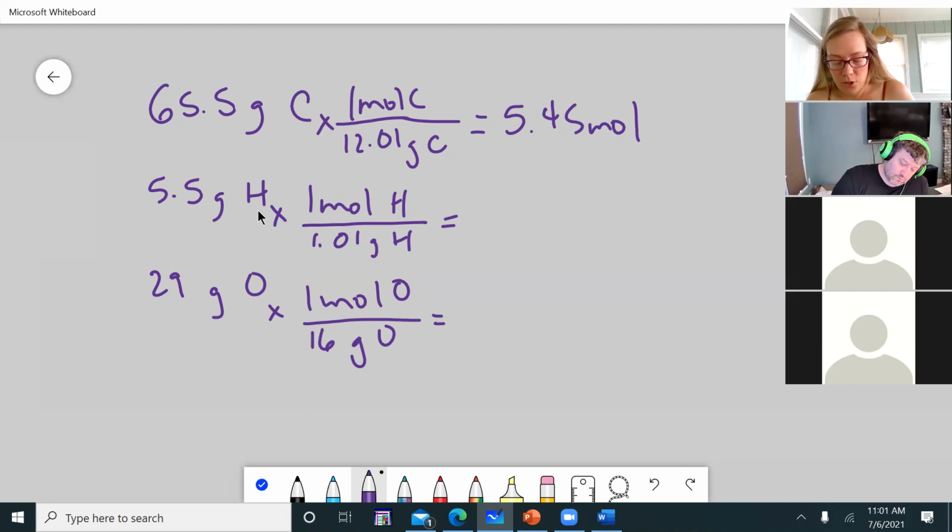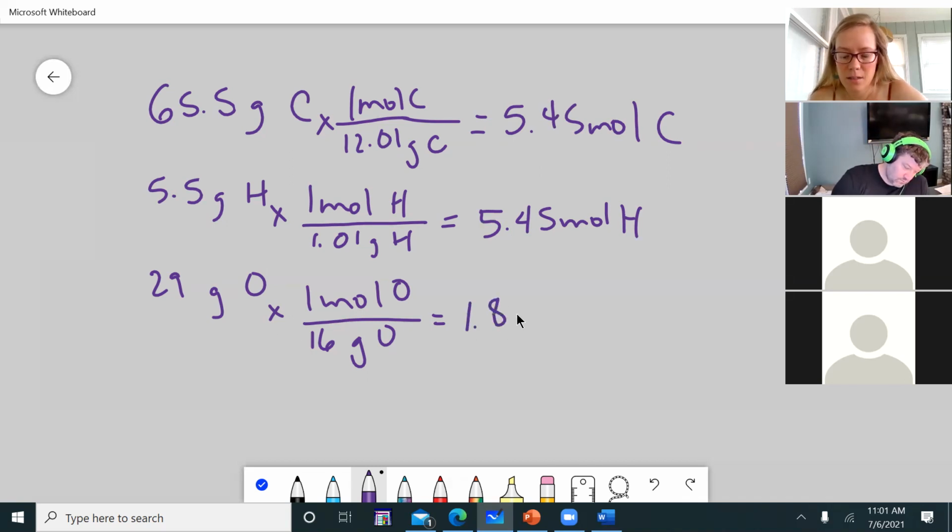Let's do hydrogen, 5.5 divided by 1.01. I like this, 5.45 moles of hydrogen. Why do I like that? Because those are similar ratios, right? If I divide those, it's going to be good. And then we've got 29 divided by 16. And that one is totally out there, 1.8125 moles of oxygen.